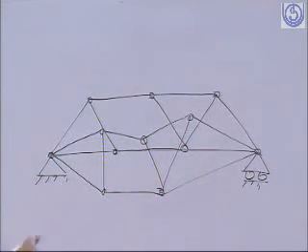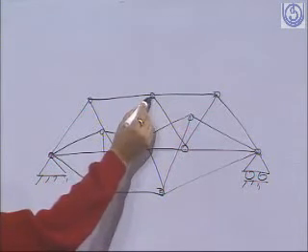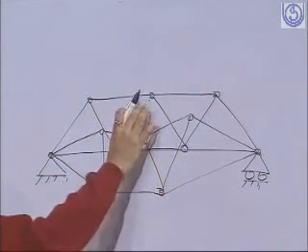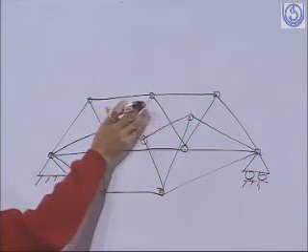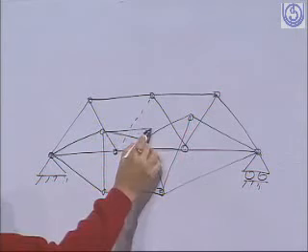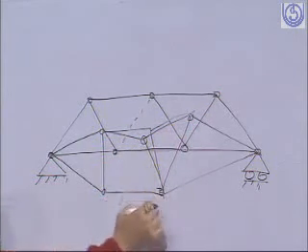Since this restraint is not here, because this link is not there, the shape of this can change. Instead of this, it can come in the other direction and the entire shape can change.